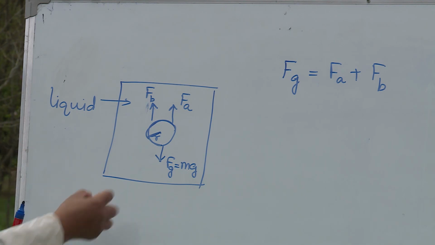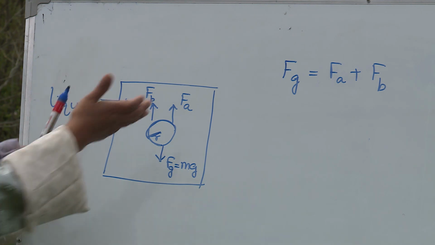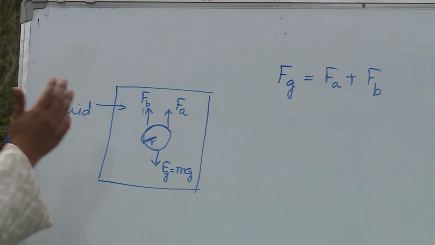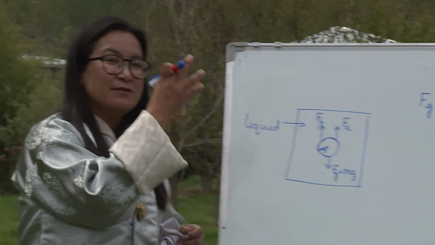Now what happens as the body drops? When will it reach terminal velocity? When the upward force becomes equal to the downward force. So at that time the body will be reaching maximum constant velocity.